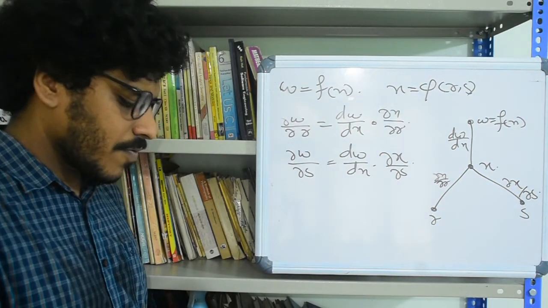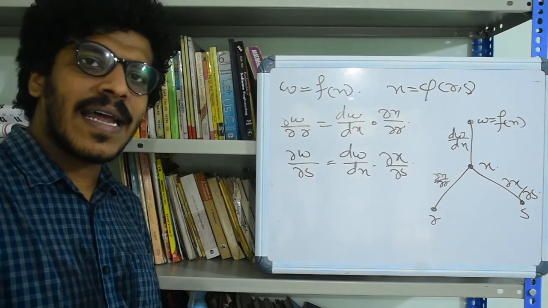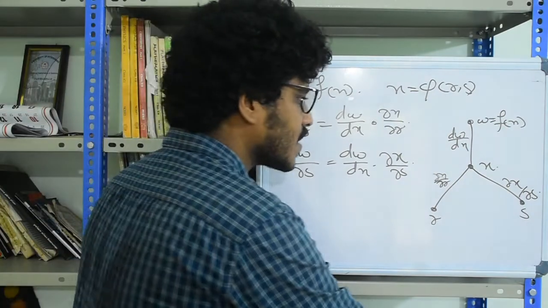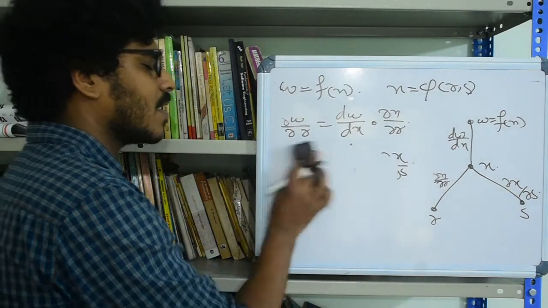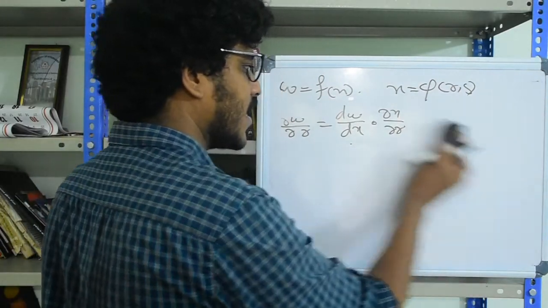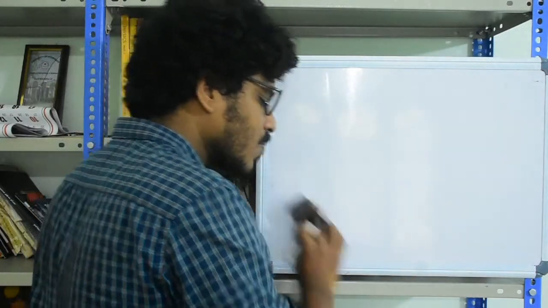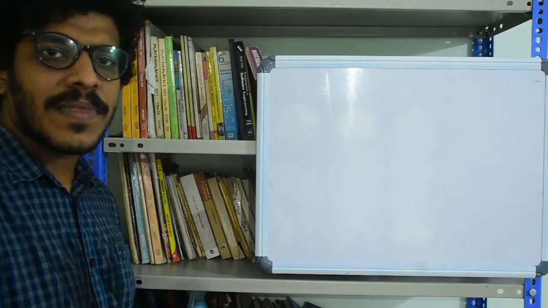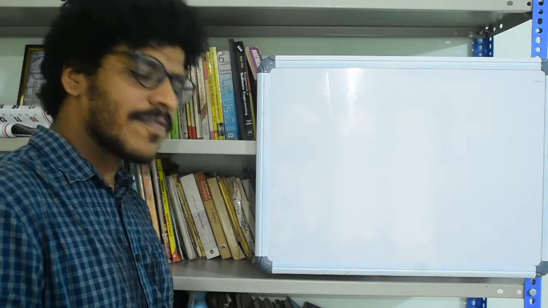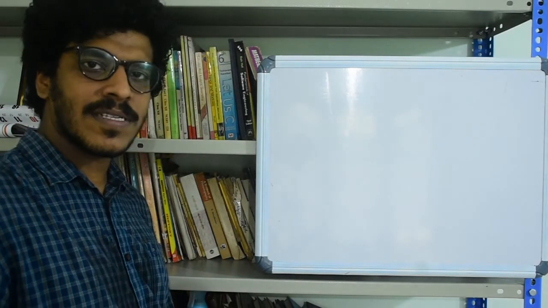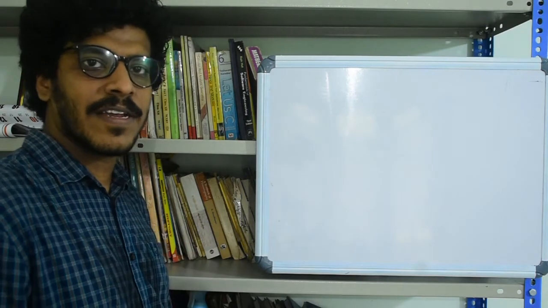Right, so we were actually seeing very special cases of chain rule of this type. Now let's move a little more general. Suppose we have a lot of intermediate variables and a lot of independent variables.